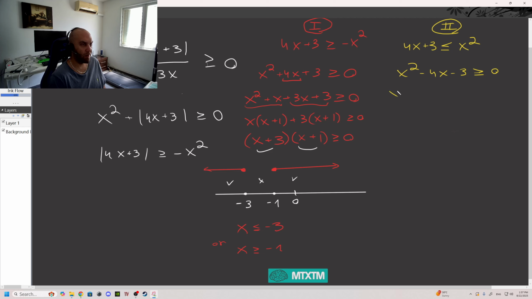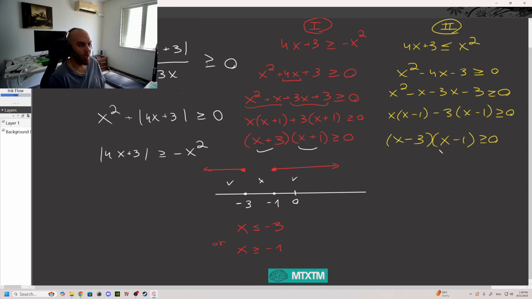Yeah, and now we have x squared minus x minus 3x minus 3 is greater or equal to 0. So x minus 1 minus 3, x minus 1 greater or equal to 0. x minus 3, x minus 1 is greater or equal to 0. So we have exactly the same thing as before, only the plus minus signs here.